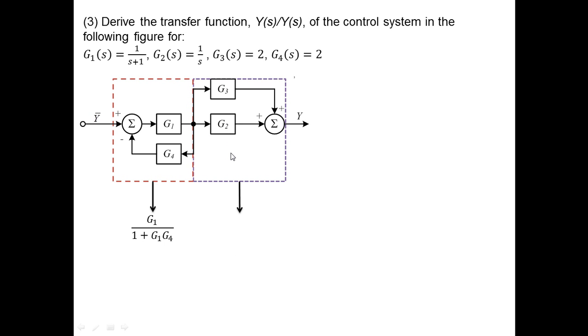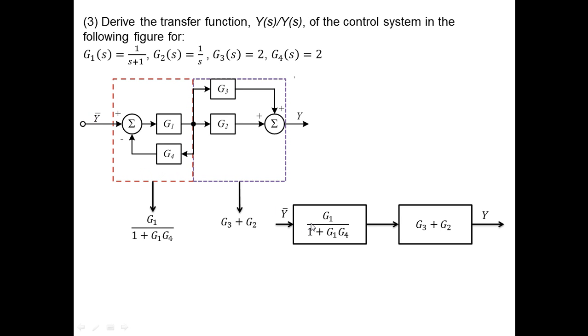So the resulting transfer function for these two parallel routes will be G3 plus G2. So the simplified version of these two blocks will be G1 over 1 plus G1 G4, which is the simplified feedback loop, and G3 plus G2, which is the simplification of the two parallel routes.